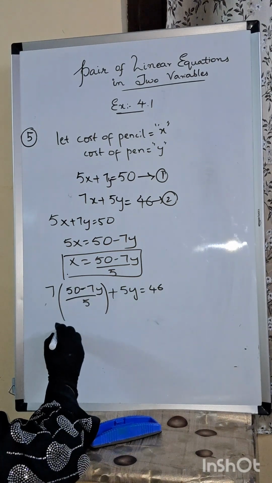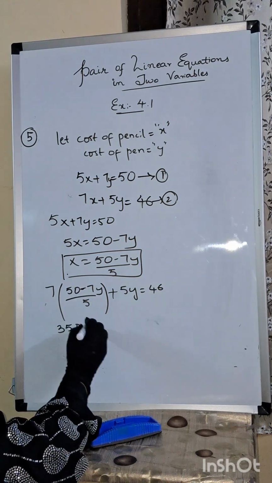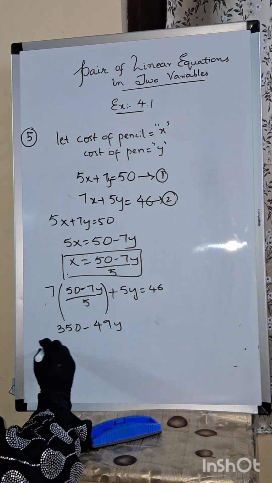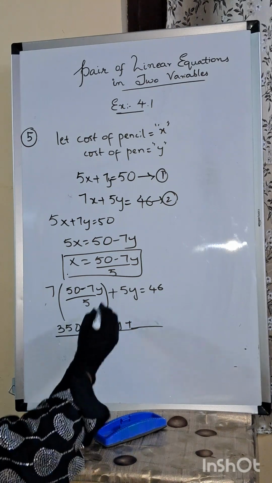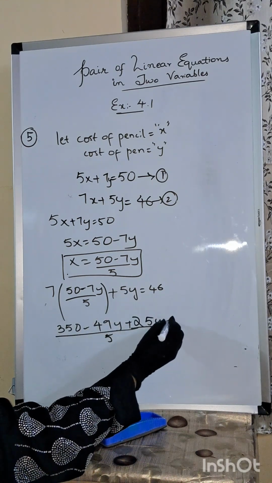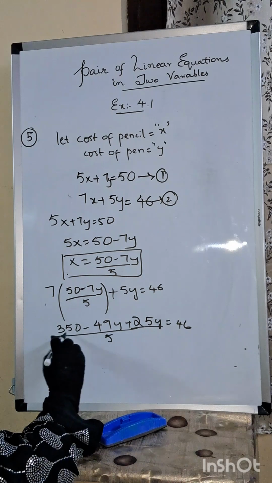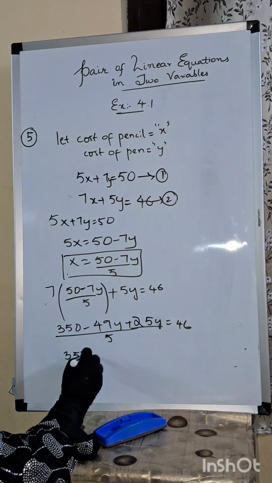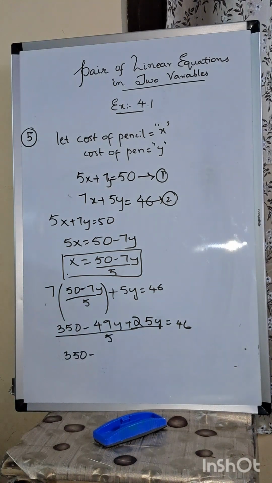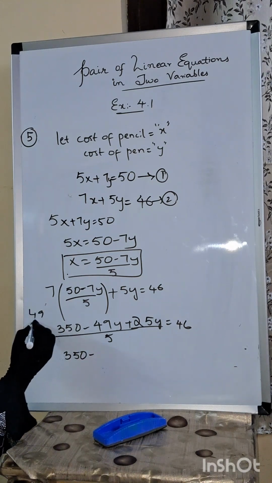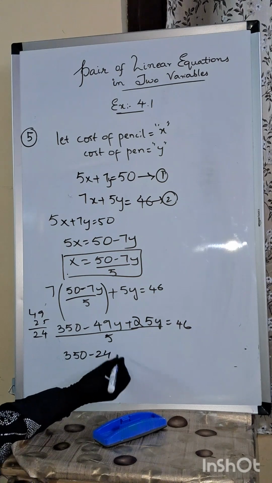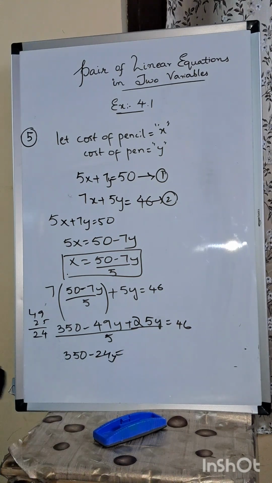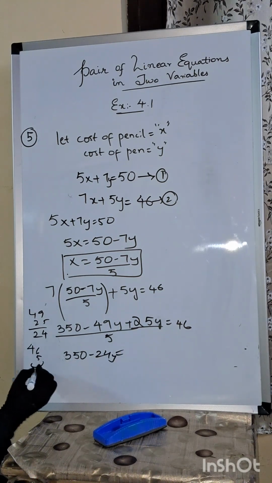Okay, 5 sevens are 35, right? So 350 minus 7 sevens are 49y by 5 plus, as I am taking 5 as LCM, 5 fives are 25y is equal to 46. Okay, so here 350, 49 plus 25, how much? 49 minus 25 is 24. So minus 24y is equal to 46 into 5, how much? 5 sixes are 30, 5 fours are 20, 20 plus 3, 23.